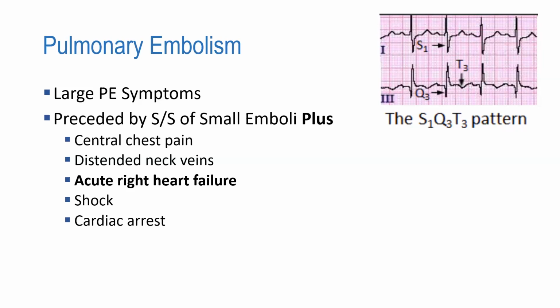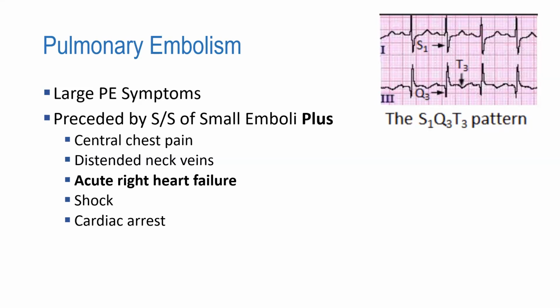You have RV stasis, you have RA stasis, and you have venous stasis. So we're going to call that acute right heart failure. The RV is full of volume and is distended. The RA is full of volume and is distended. Your veins are full of volume and they're distended.